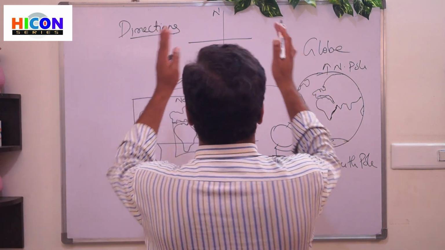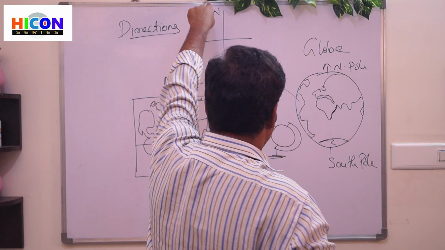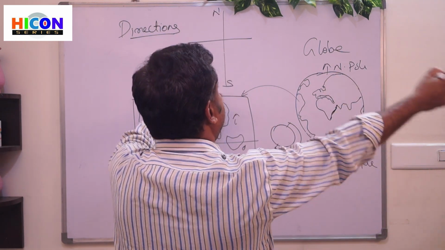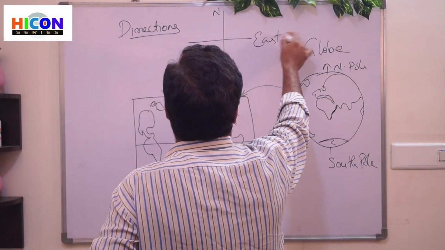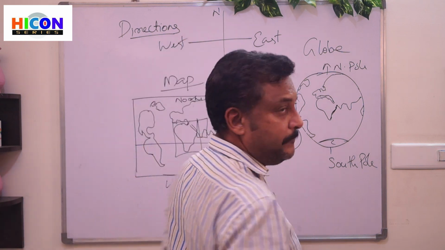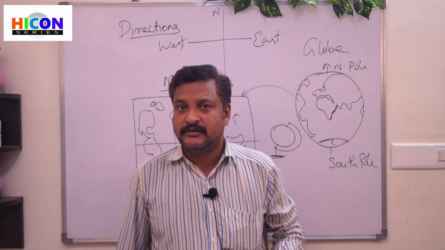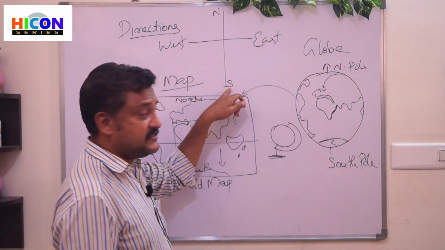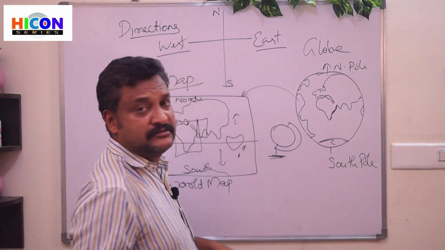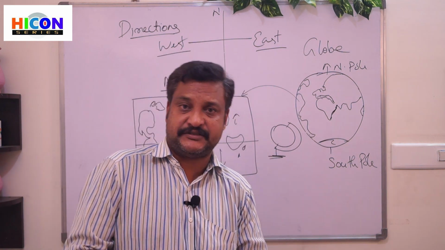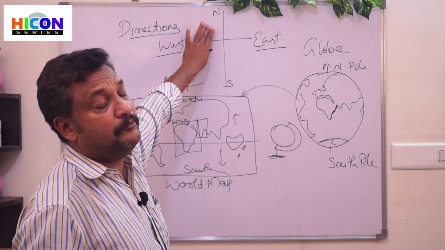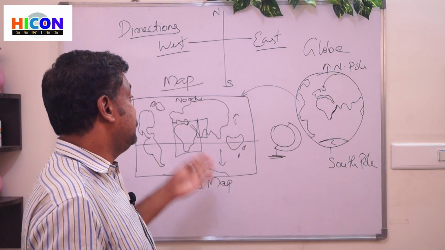And when I look at this, on top is the north, bottom is the south, and my right hand is the east, and my left hand is the west. Understand? The top is the north, bottom is the south. On my right I have east, on my left we have west. Right? These directions are very much helpful to understand locations.